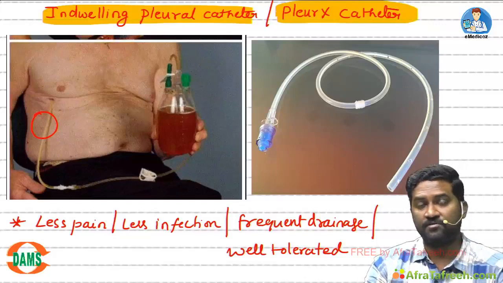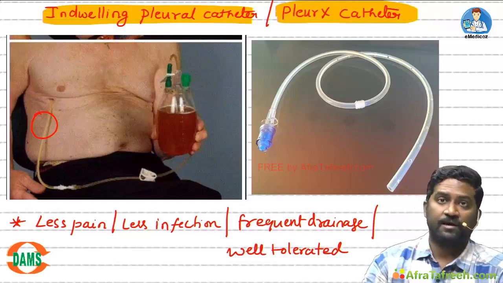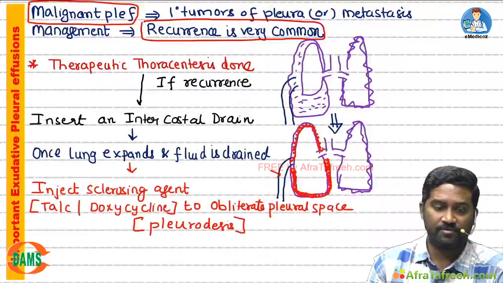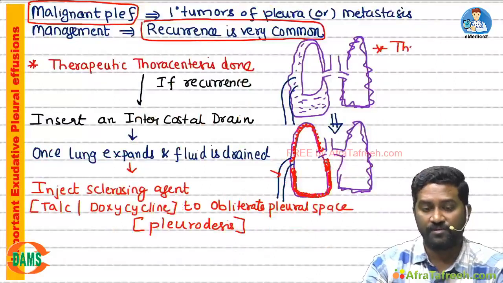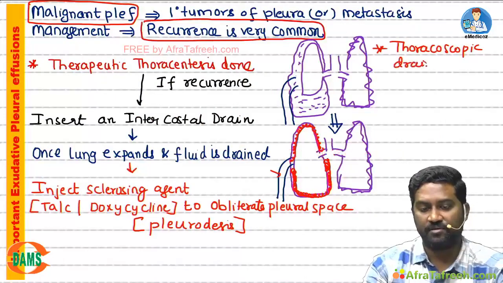And in a few institutes what we do is, in the first instance itself, whenever the patient has come to you with pleural effusion, you can also go for thoracoscopy. So you can do a surgery called thoracoscopy, a thoracoscopic drainage of pleural fluid.